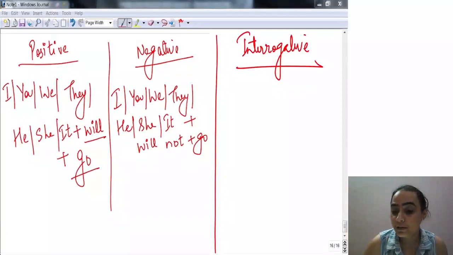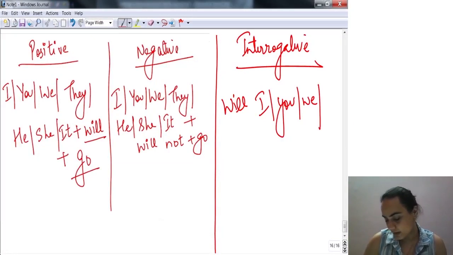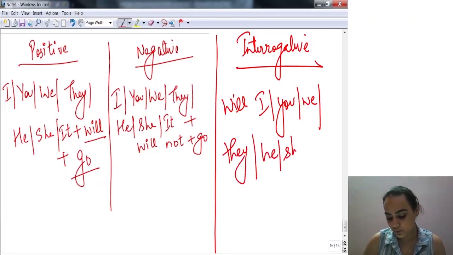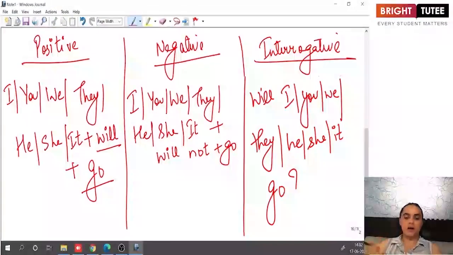If I write for interrogative sentence, will I, will you, will we, will they, will he, will she, will it go? Question mark. So these are the different forms of positive, negative and interrogative sentences for the simple future tense.